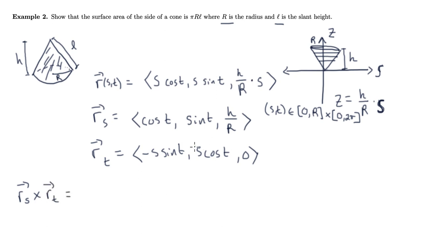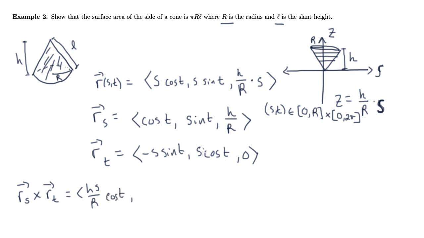Okay, and so recall that the x component, I'm just looking here, so I'm going to get basically negative of this times this, so hs over r, and then cosine t.